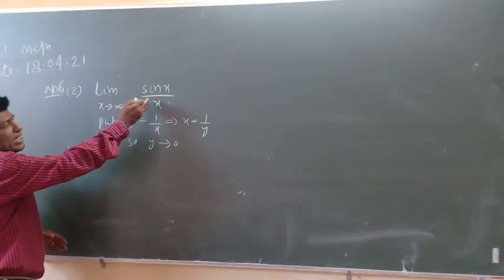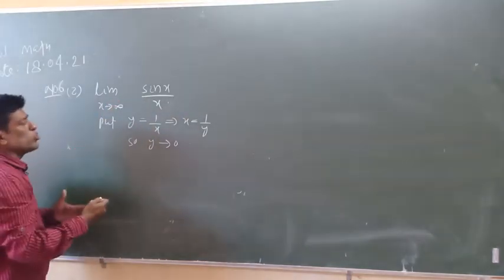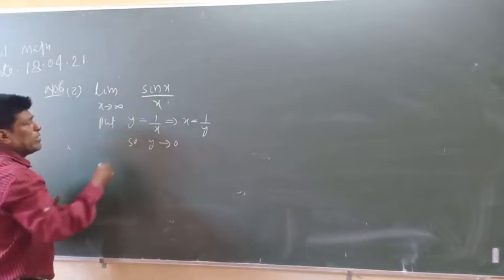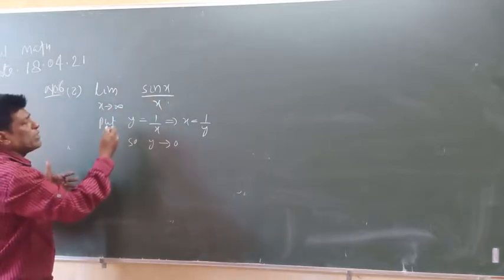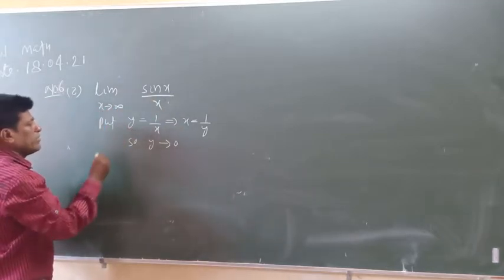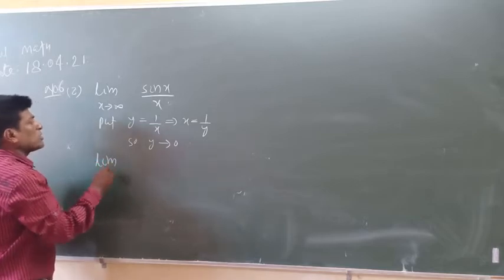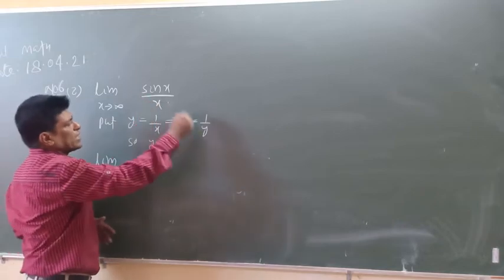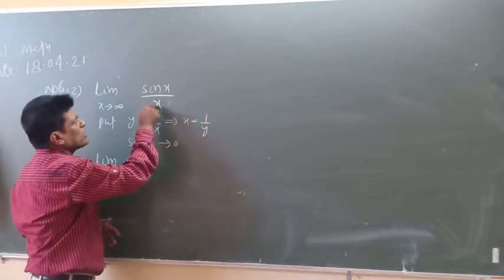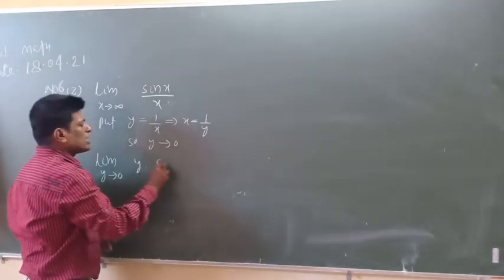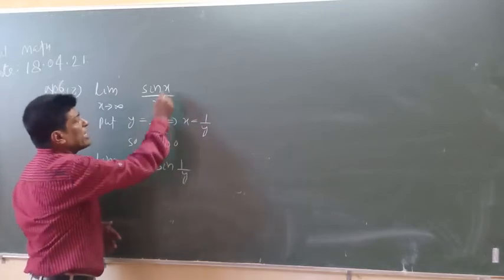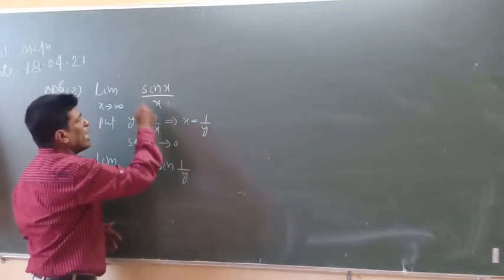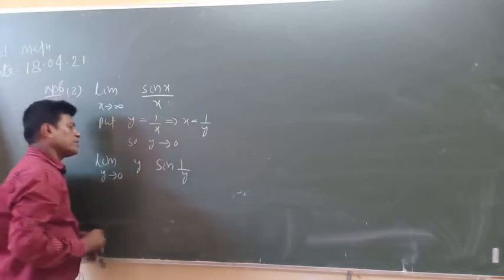Now the limit function is changed from x form to y form. When the limit is transformed, the x form changes to y form. Now the limit becomes y tends to 0, y into sin 1 by y, because the value of x is 1 by y and 1 by x is equal to y.